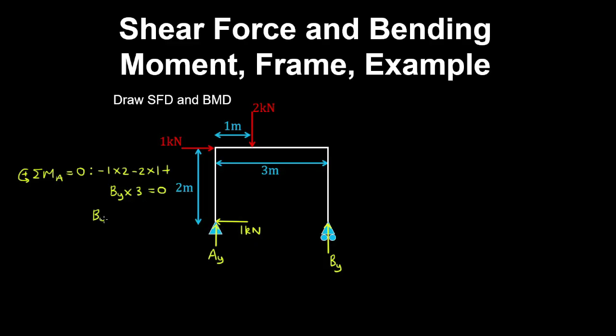So By is 1.33 kilonewtons. And if you take a vertical sum of forces, with upwards being positive, we have Ay plus By minus 2 kilonewtons is 0. So that gives Ay is 0.67 kilonewtons.